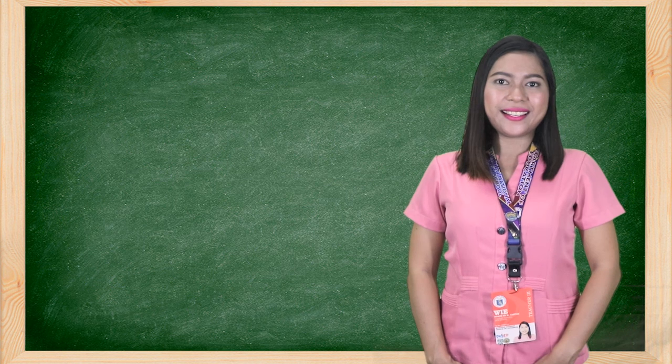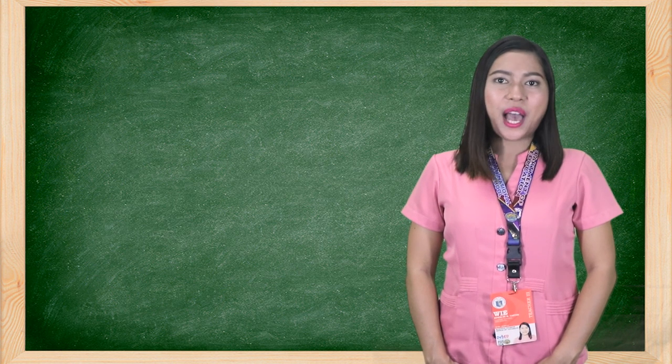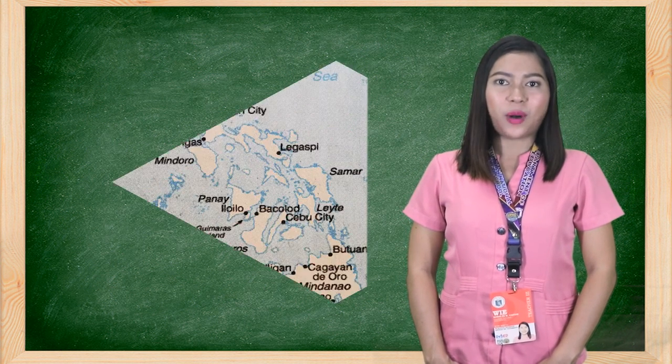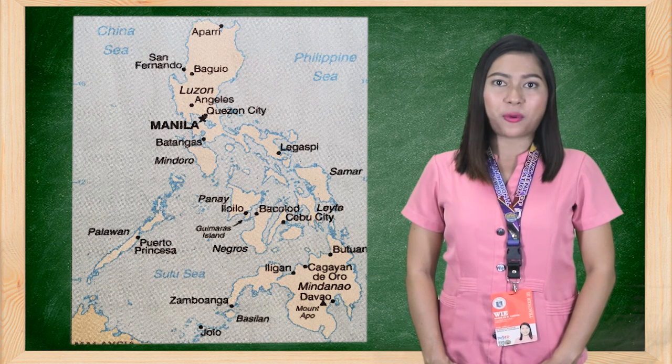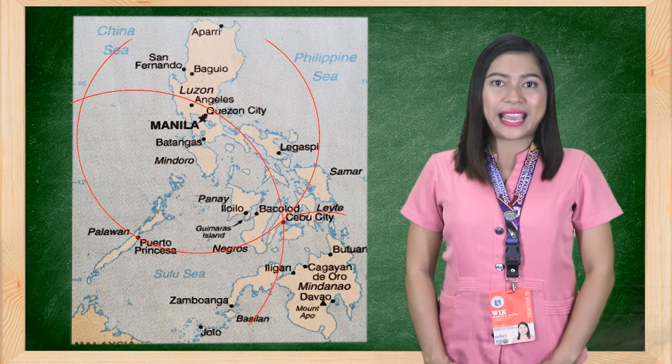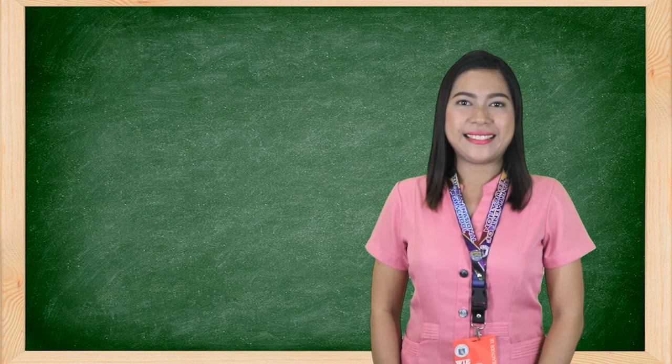Time's up! Now let's check your answers on the given activity. For guide question number 1, where is the epicenter of the hypothetical earthquake? It's in Cebu. For guide question number 2, what difficulty will you encounter if you only have data from 2 recording stations?